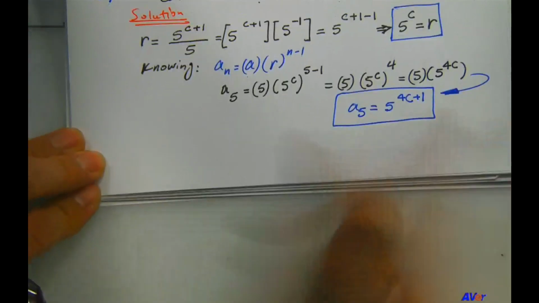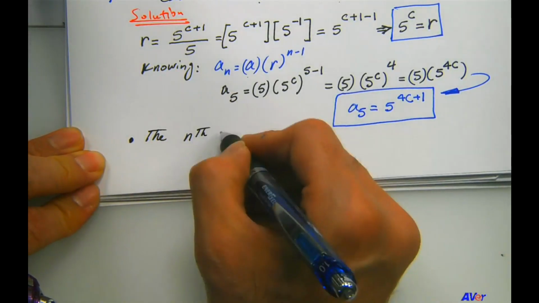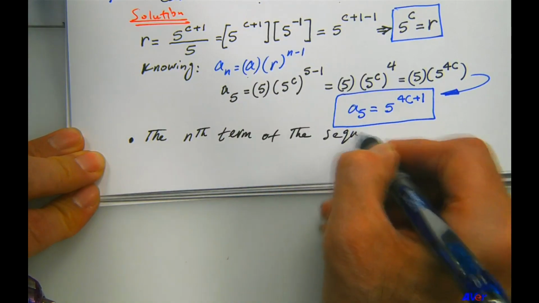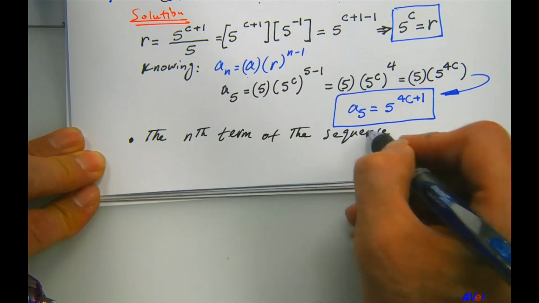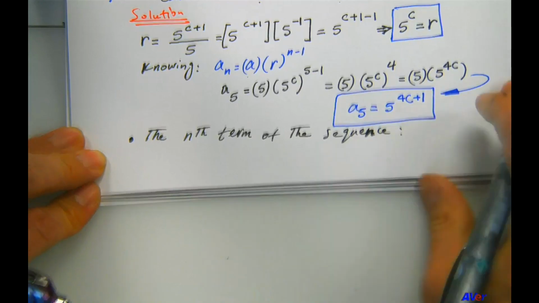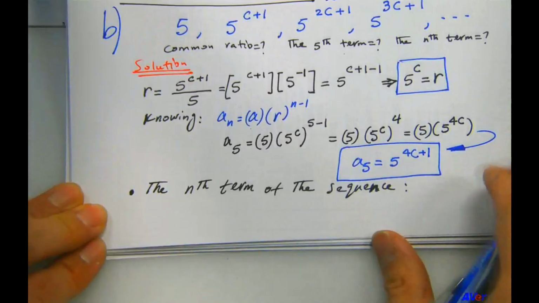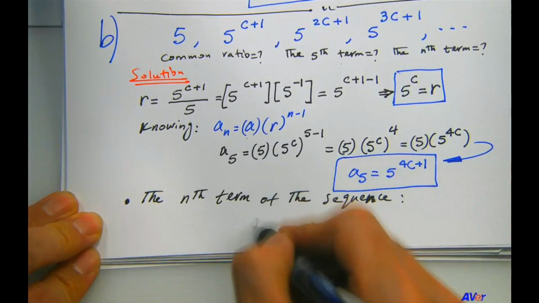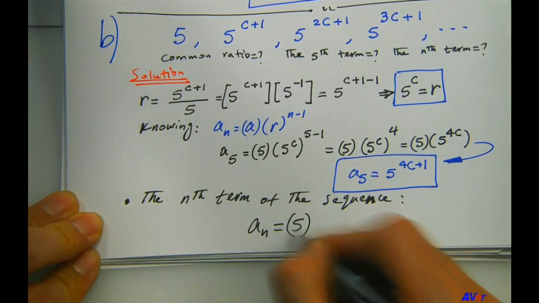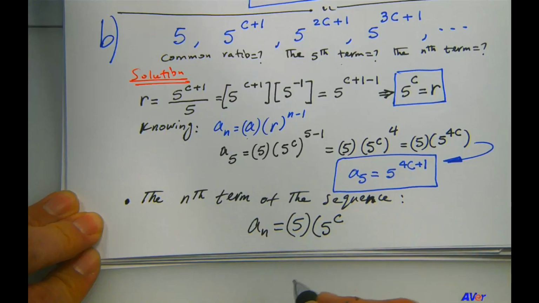So the nth term of the sequence is a sub n, the first term, 5, times the common ratio, which is 5 to c power.